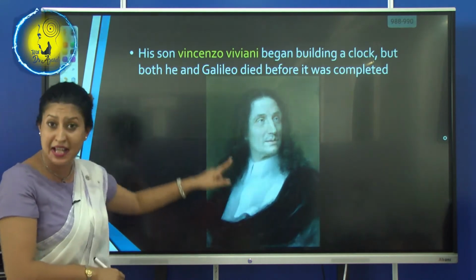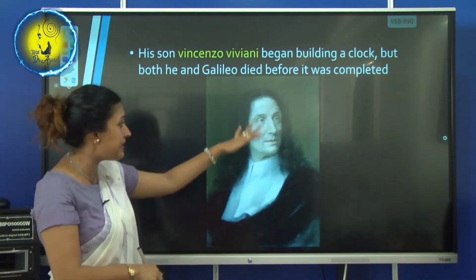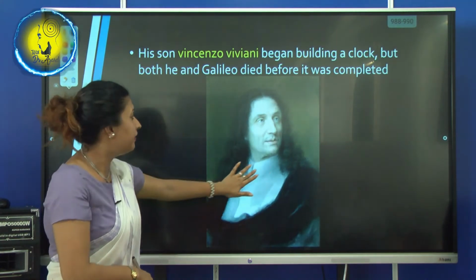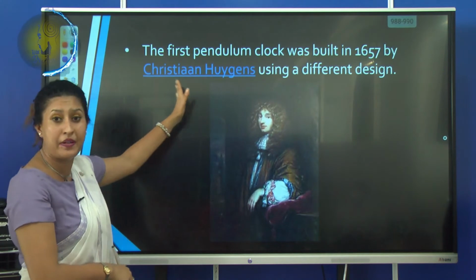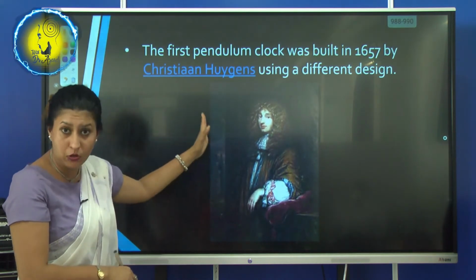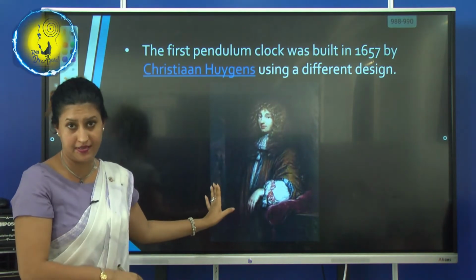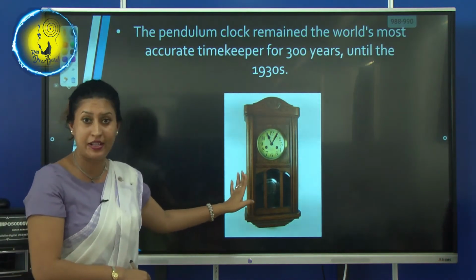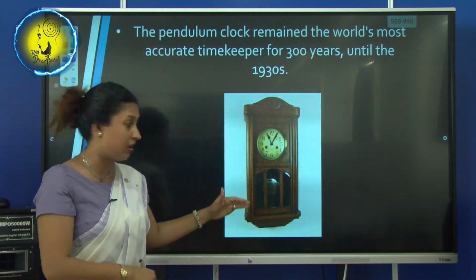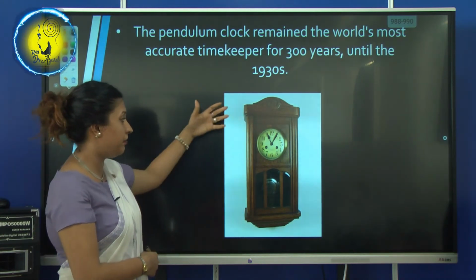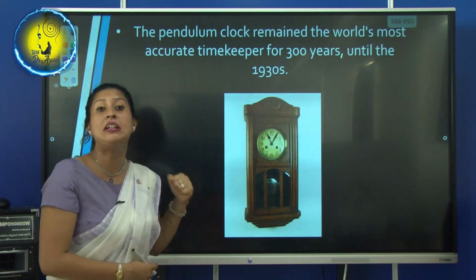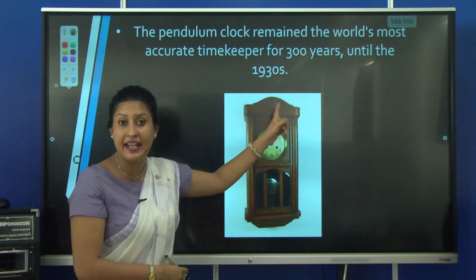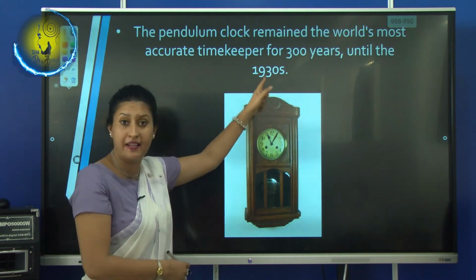Now this is his son. I was talking about his son, right? This is his son, Vincenzo Viviani. Just look at the pictures. He is the person who made the first pendulum clock, Christian Huygens. And this is a pendulum clock, children. It's an antique clock. Antique means it comes from ancient times. This comes from the 1930s.